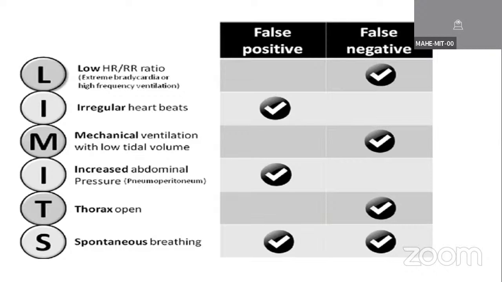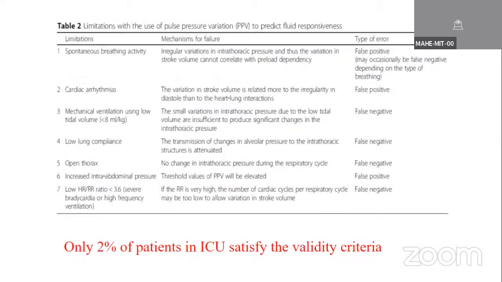And we have to use a tidal volume of more than 8 ml per kg. If you use a low tidal volume, it can cause false negative values. Or a patient with high intra-abdominal pressure due to ascites or pneumoperitoneum can have false positive values. A spontaneously breathing patient can have false positive or false negative values.